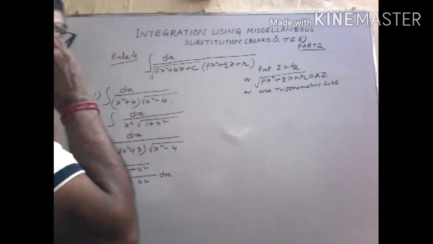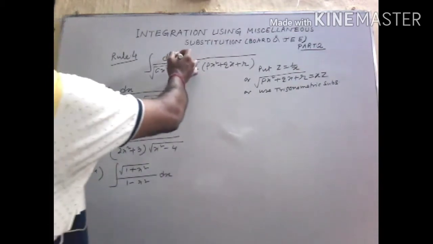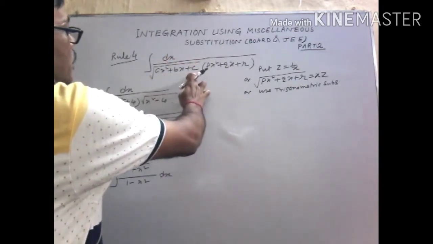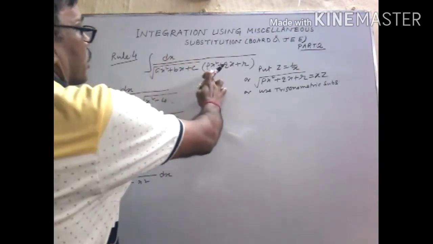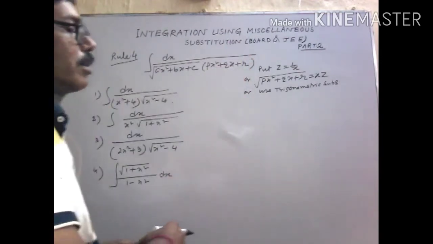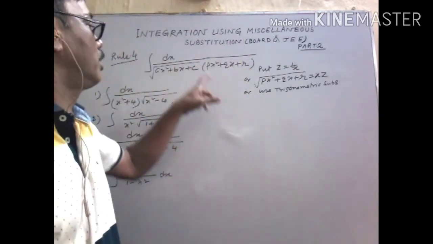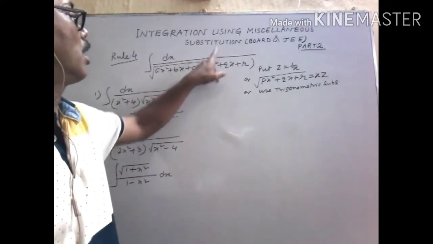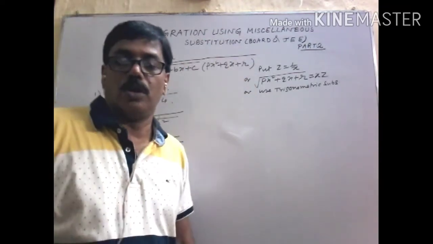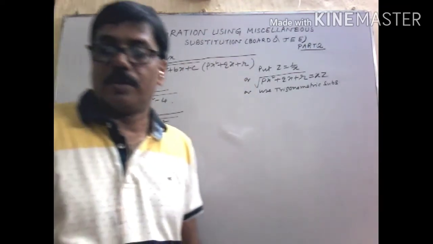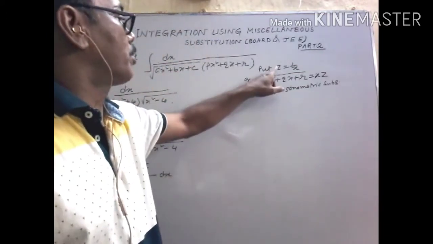Now we consider rule number 4. dx by (ax square plus bx plus c) root over (px square plus qx plus r). That is, both are quadratic. One is within the root, another is free from root. So what is your transformation?